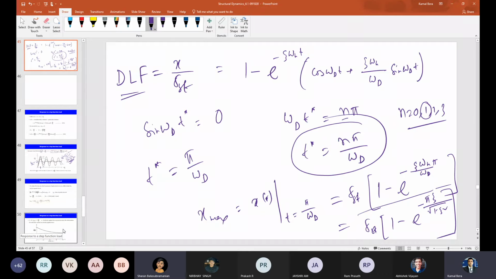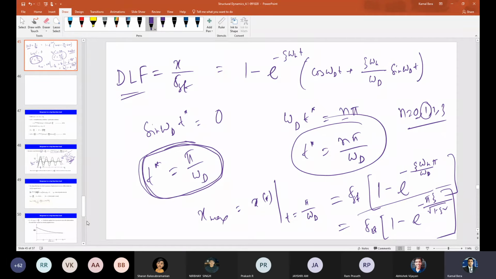Sir, the minus e power term can be plus or minus, no, sir? Yes, sir. So when we are substituting cos n pi, if we are interested in the first peak, n equals to 1, t star equal to pi by omega d, I have written here, you see the screen. For n equal to 0, we get minima, at time 0, right?